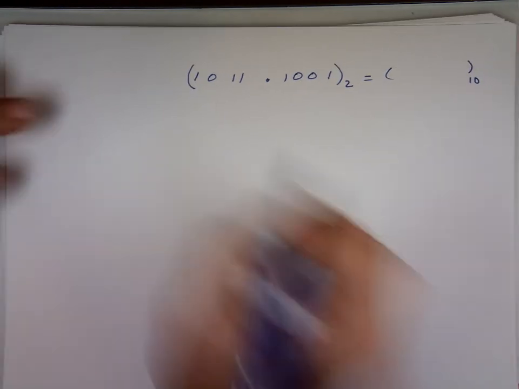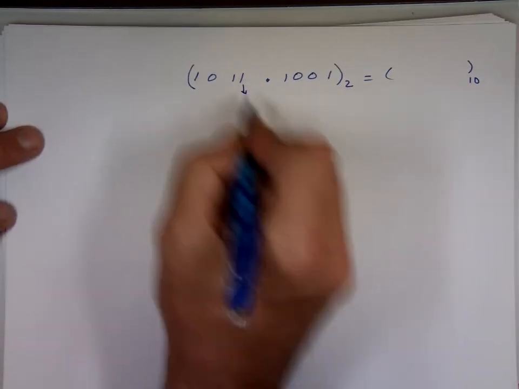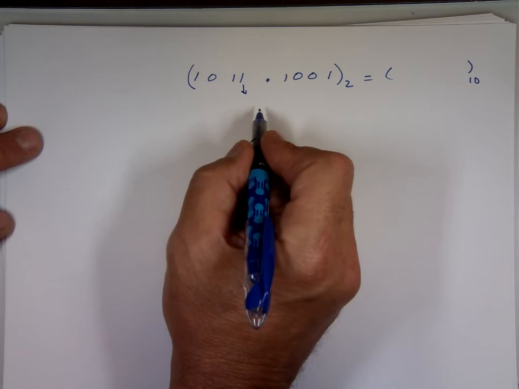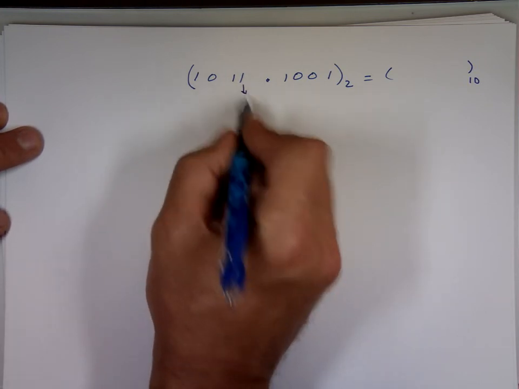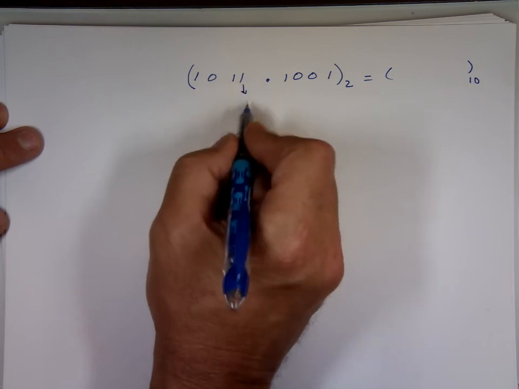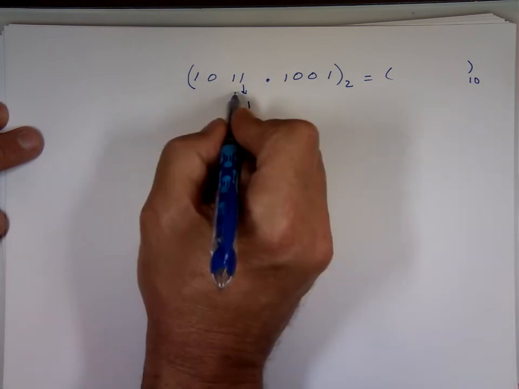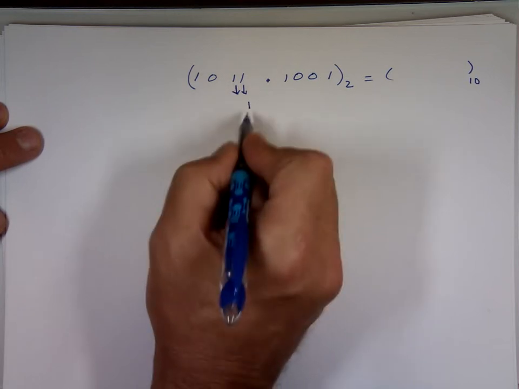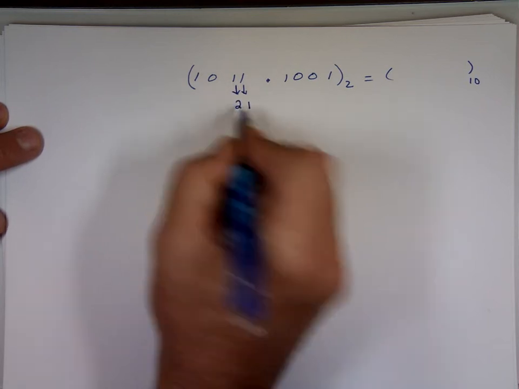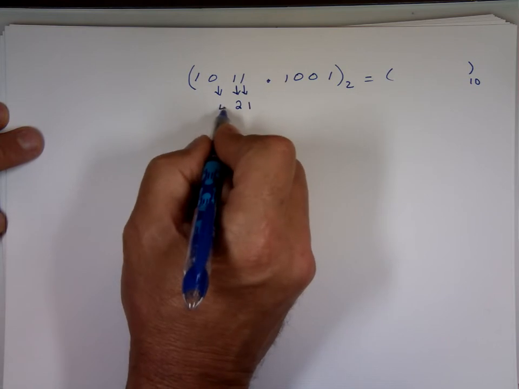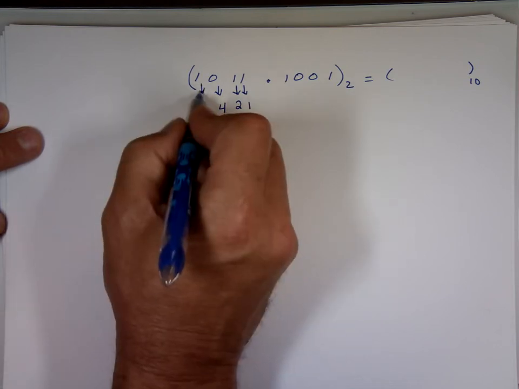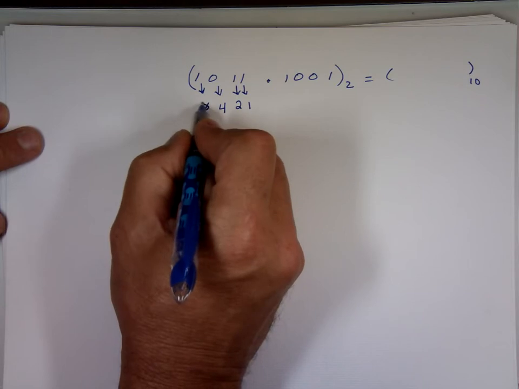Again, the weight of this location is what? 2 to the 0, which is what? 1. The weight of this one, 2 to the 1, which is what? 2. The weight of this, 2 to the second, 4, 2 to the third, 8.